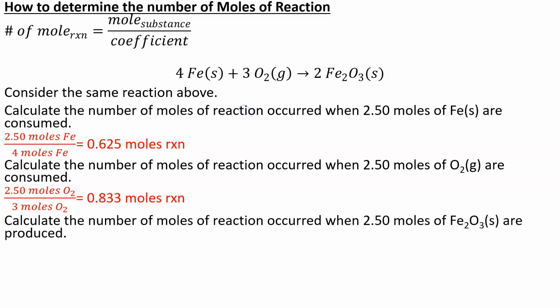We could also find the number of moles of reaction if we had 2.50 moles of Fe2O3 being produced. Take 2.50 moles of Fe2O3 divided by the coefficient for Fe2O3, which is 2, so 2 moles of Fe2O3 will be in the denominator. You end up with 1.25 moles of reaction.